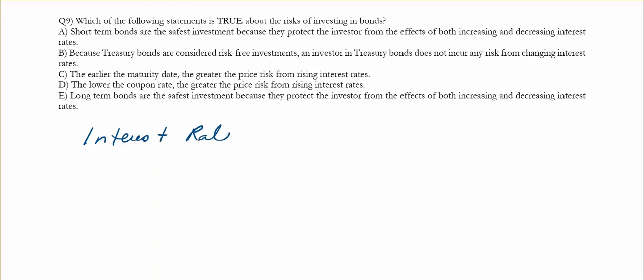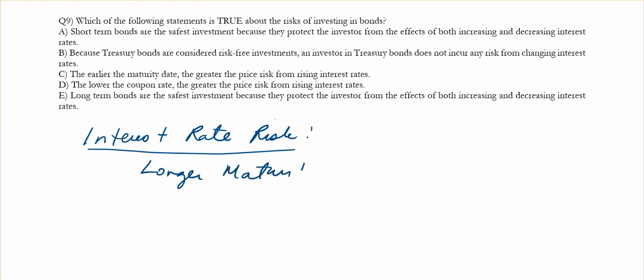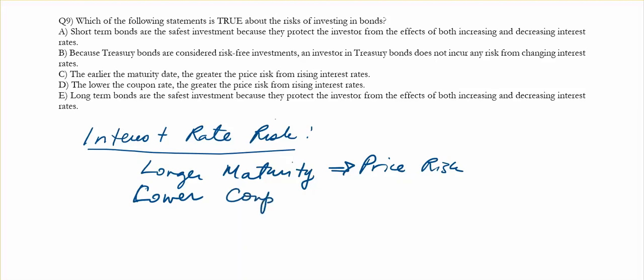interest rate risk. A bond that has a longer maturity, all else equal, has more what's called price risk. That means that the price goes down by more because of an interest rate increase. A bond with a lower coupon rate also has more price risk.